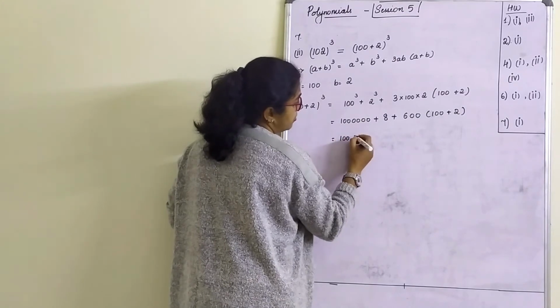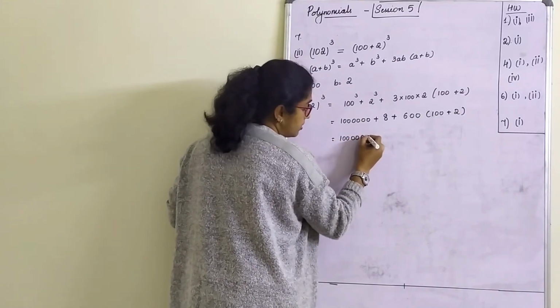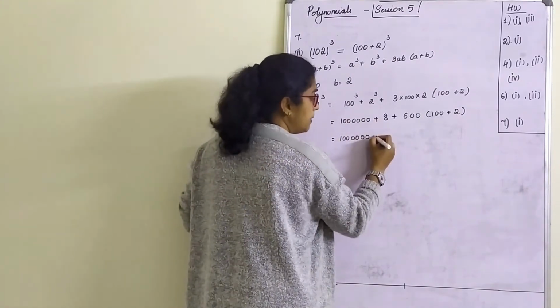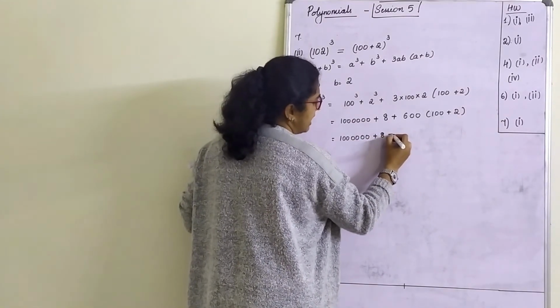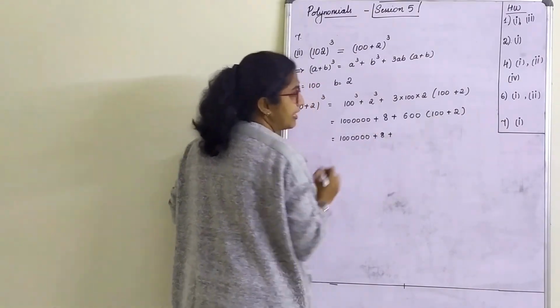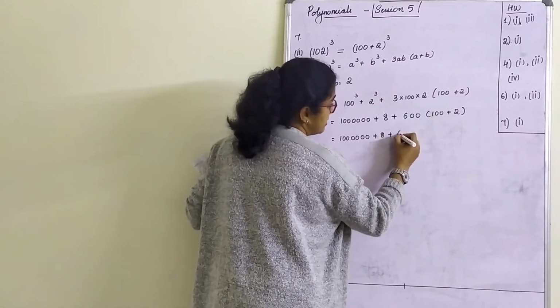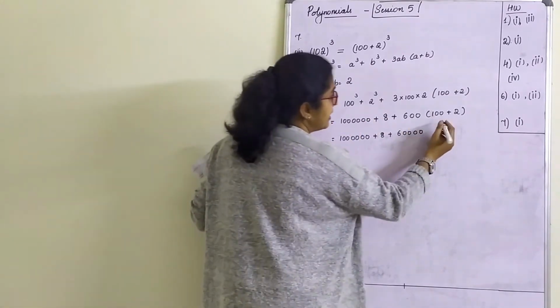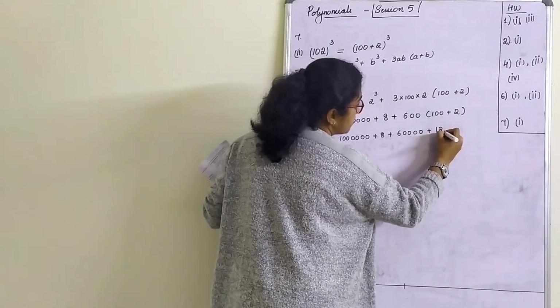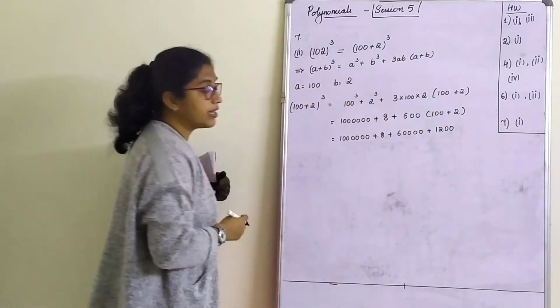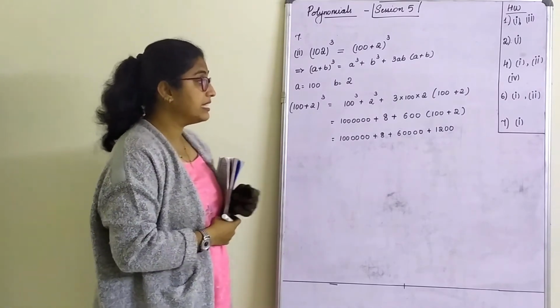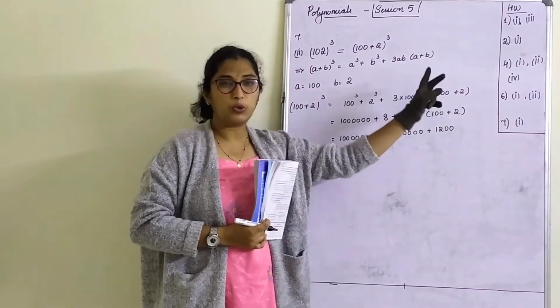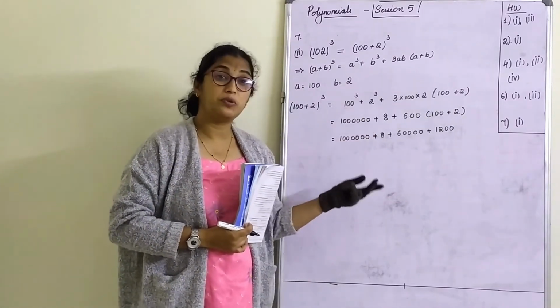So, 0, 0, 1, 2, 3, 4. Okay? Plus 8. Keep it as it is. At once we can add and write. 600 into 100. Let's multiply like this. 1, 2, 3, 4. 600 into 2. Okay? So is this clear what I have done? See, if in case I had multiplied, you will get, but you need to multiply 102 into 600 again.